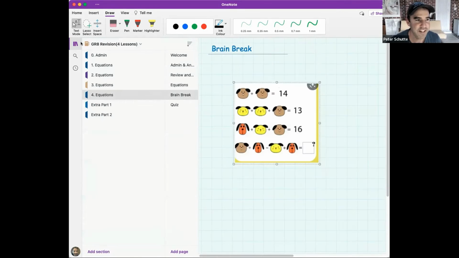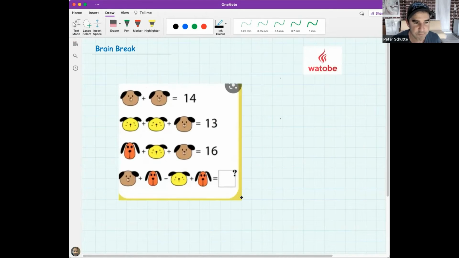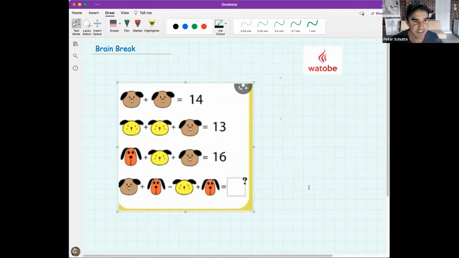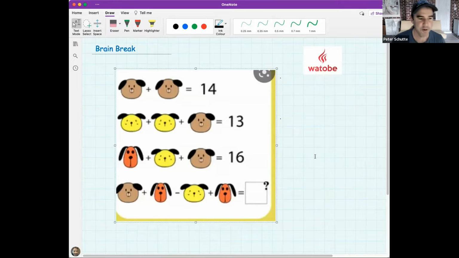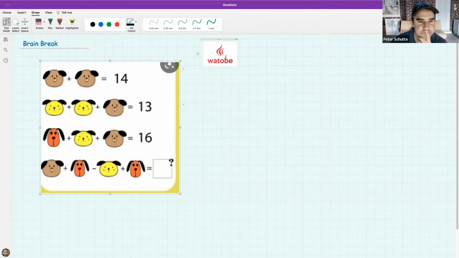Okay, while you are stretching it out, here is the brain break activity for today. There's puppies and different types of puppies. So you tell me what one puppy plus another puppy minus a puppy plus that same puppy is. Let's do it. Let me turn my light on now. It's got a bit too dark. Let's go, guys.